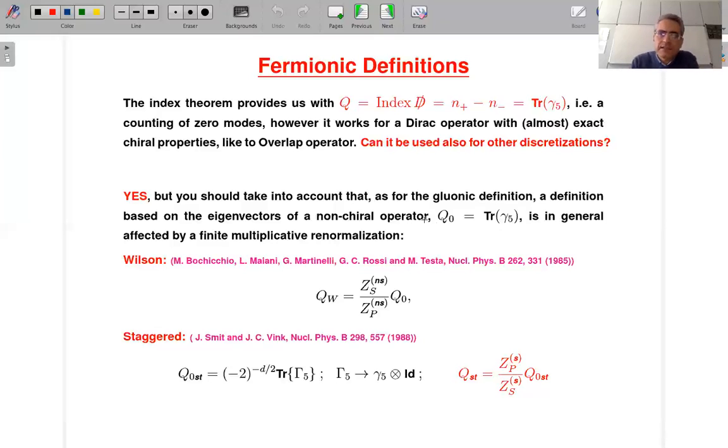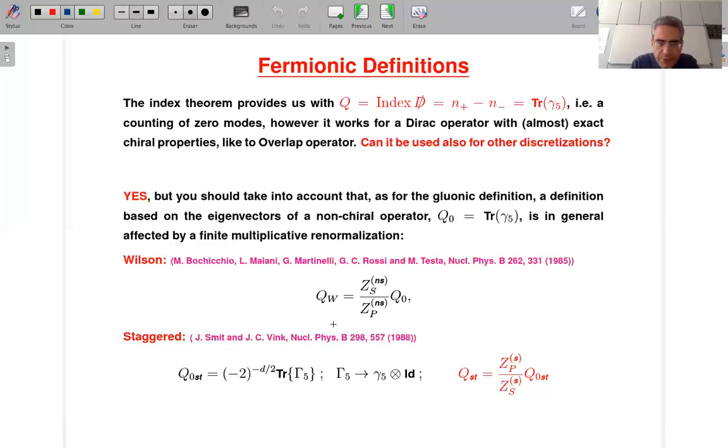Now, what you learn is that this is affected by a multiplicative renormalization, just like the gluonic definition. And this multiplicative renormalization has been studied a long time ago in the 80s, for Wilson fermions.